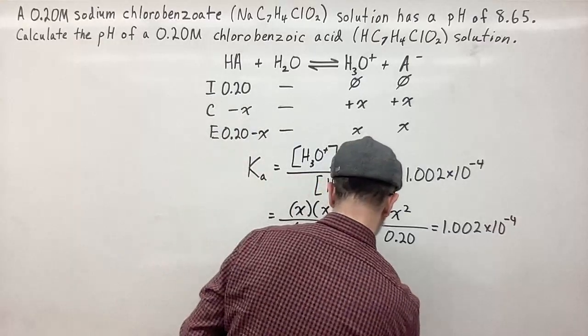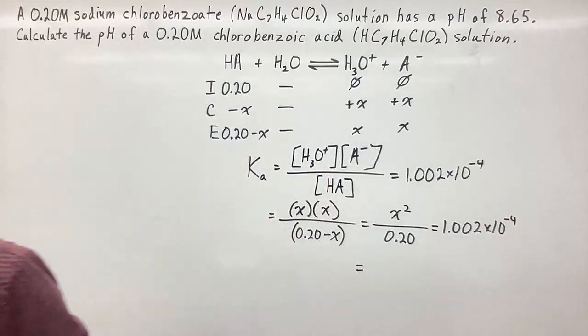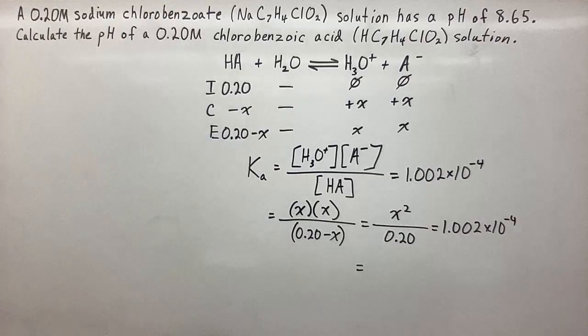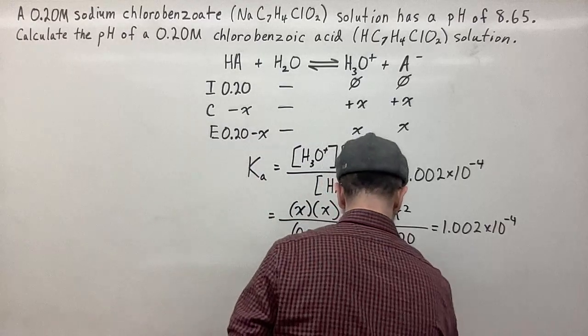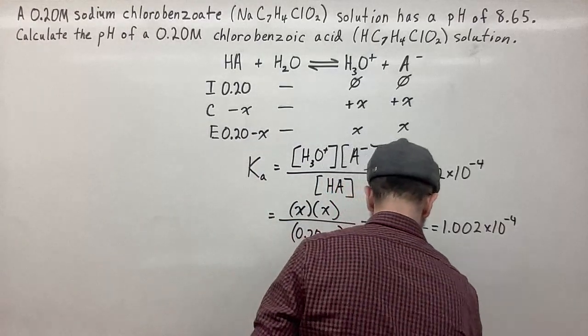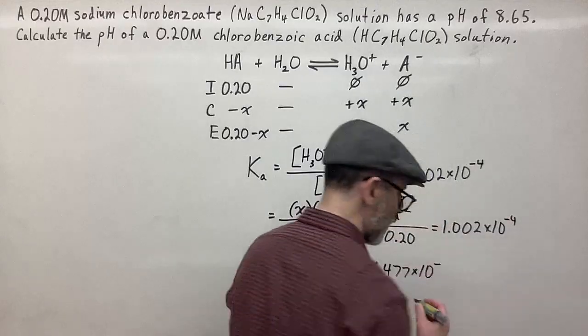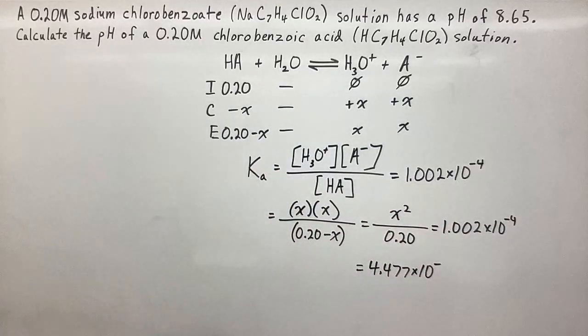When you do that, you get X is equal to 4.477 times 10 to the negative 3.